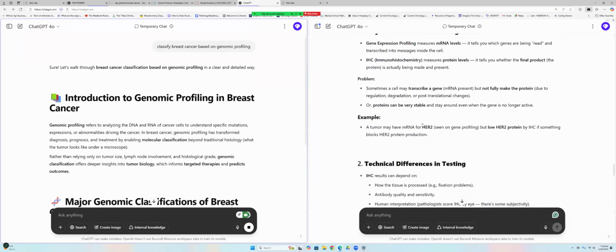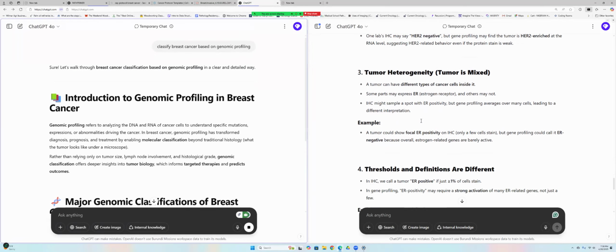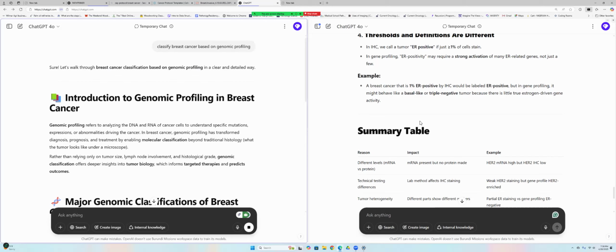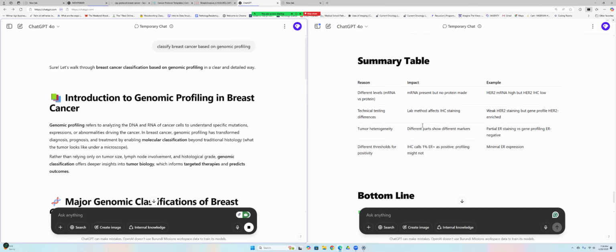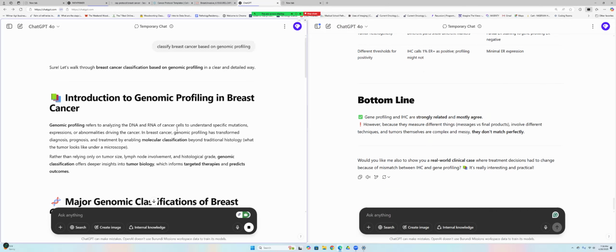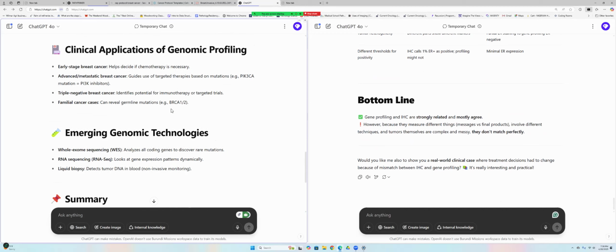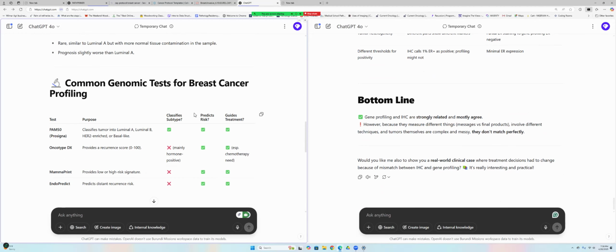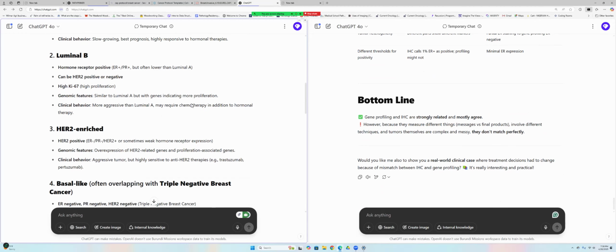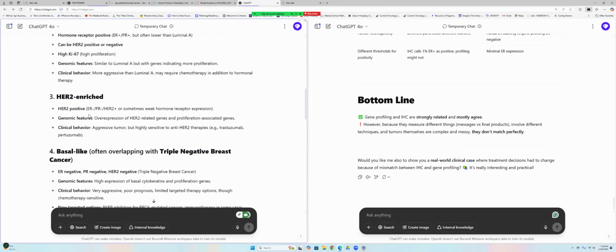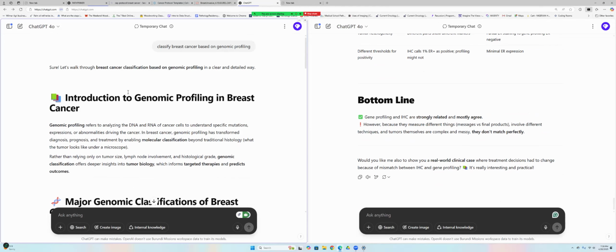Luminal B is still ER positive, but Ki67 is high, and HER2 may be positive or negative. Yes, I think there should be a table. We had a very beautiful table yesterday that disappeared now. HER2 enriched is ER negative, PR negative. Basal-like is triple negative. Okay, Ki67 more. Okay.